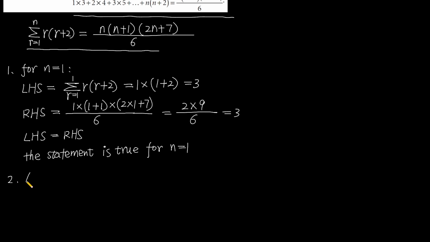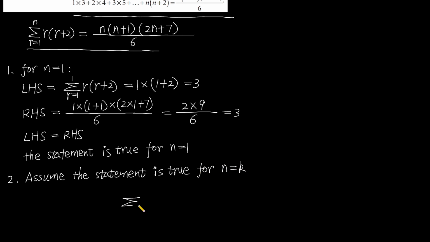Step 2. Assume the statement is true for n equals k. So assume the sum from r equals 1 to k of r(r + 2) equals k(k + 1)(2k + 7) over 6.